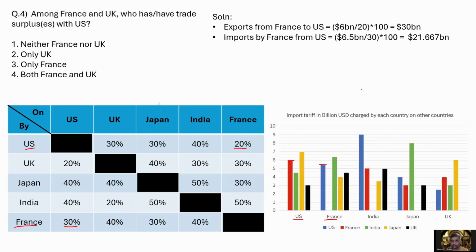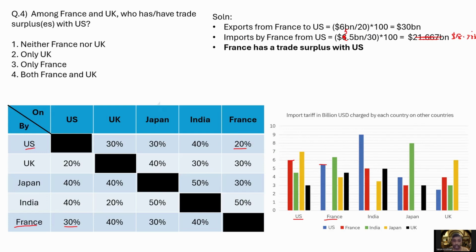Okay, this is a mistake that I made here. This should not be 6.5. This should be 5.5 billion, which means this value will not be 21.667. It will be 5.5 by 3, or 55 by 3. So 55 by 3 is 18.33, right? So it's $18.33 billion. Which means clearly France is selling more to the US than it is buying from the US. So France has a trade surplus with the US.